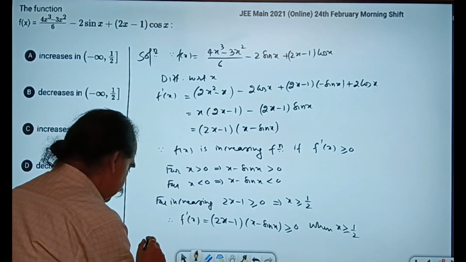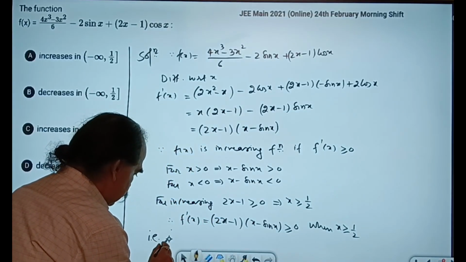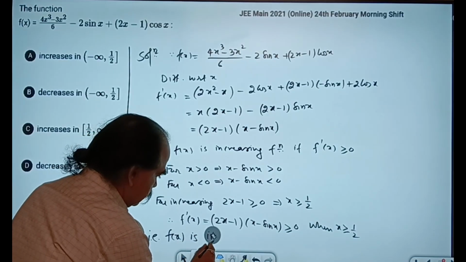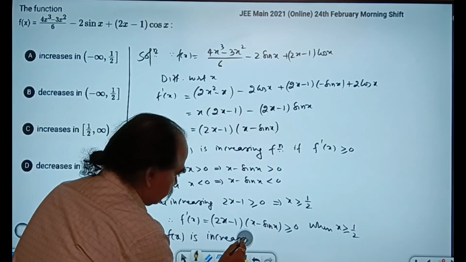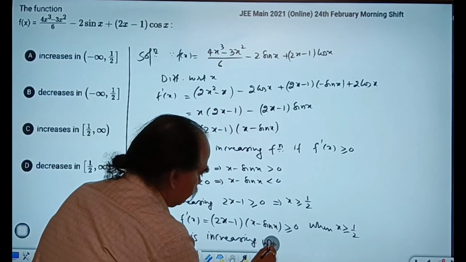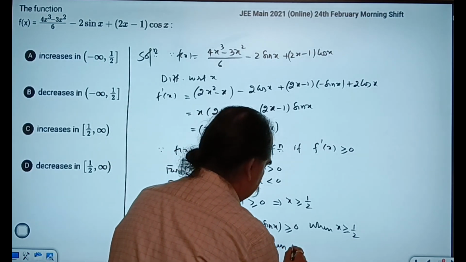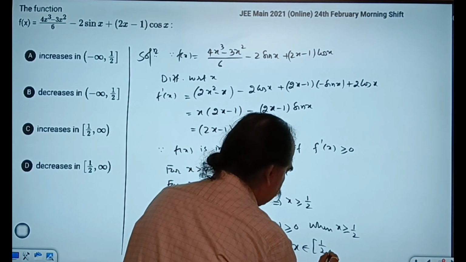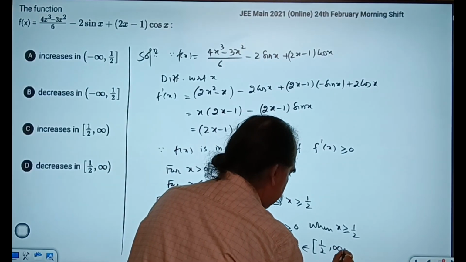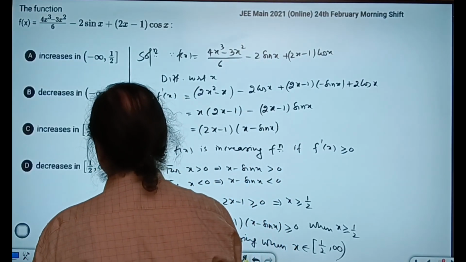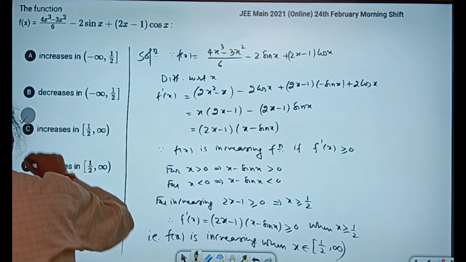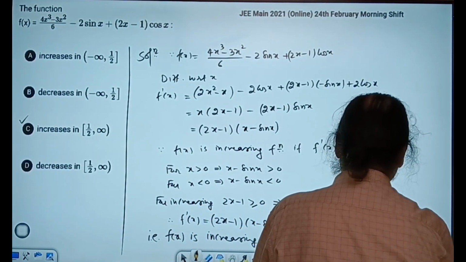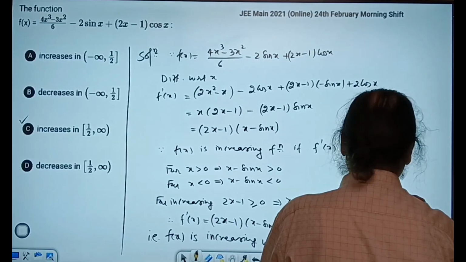That is, f x is increasing when x belongs to 1 by 2 to infinity. It increases in 1 by 2 to infinity. Answer C.